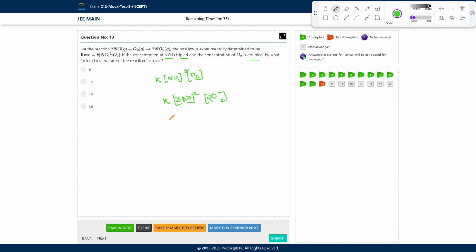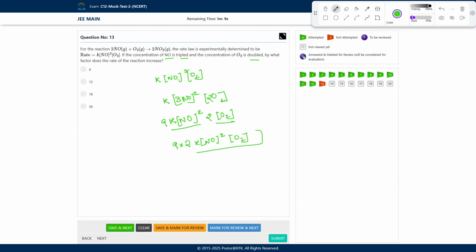Okay. Now if you solve this, 3 squared will be 9, so 9 will come out. 9 NO whole square, and 2 is as it is, so 2 will also come out. So this is the same thing, only the constants are 9 times 2, K NO whole square O2, right?